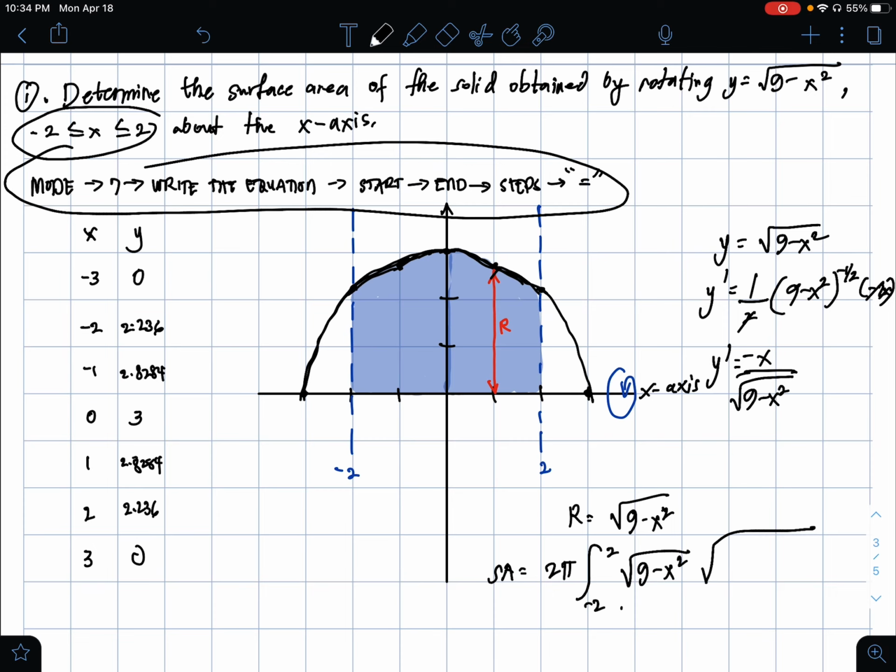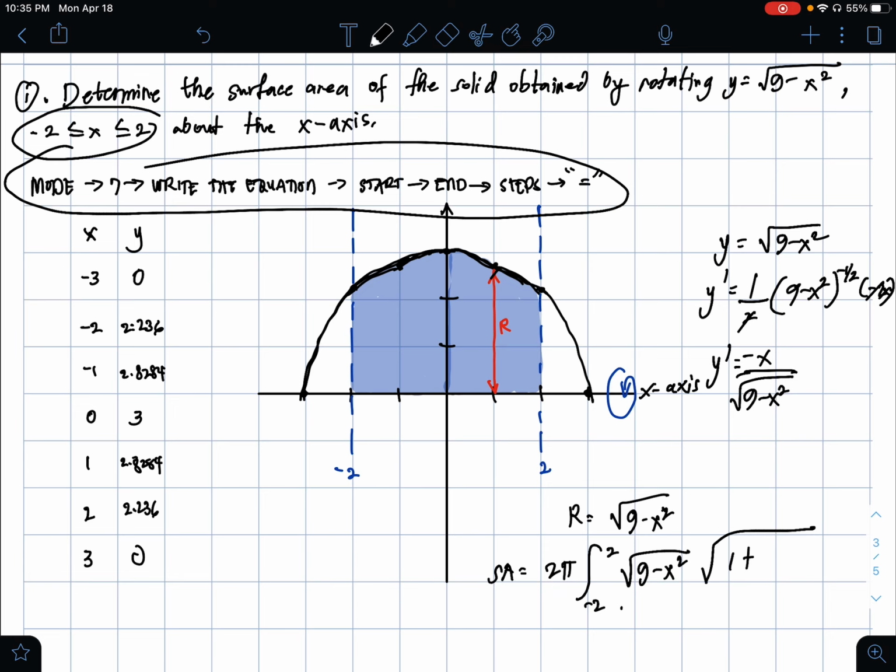So the formula is 1 plus, -2x over 2 is -x, right? So that's 1 plus -x over the square root of 9 minus x squared.